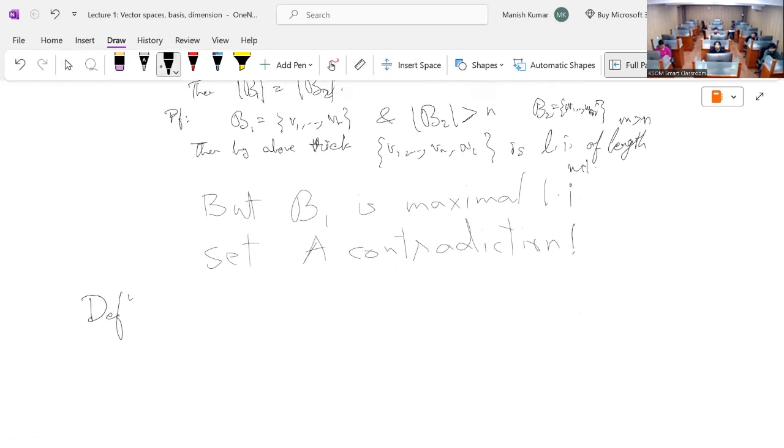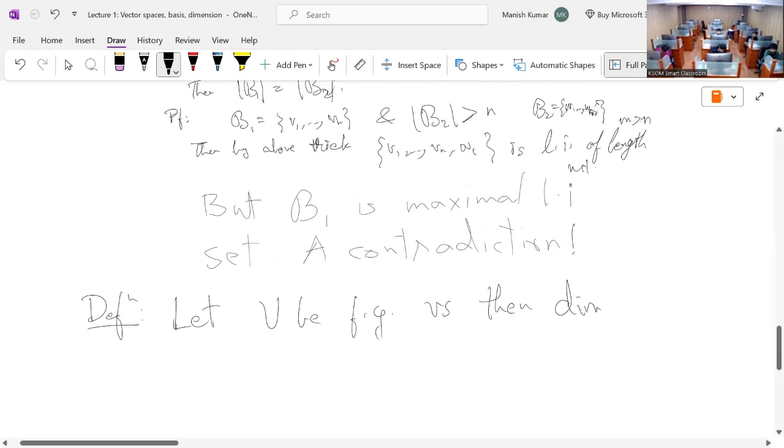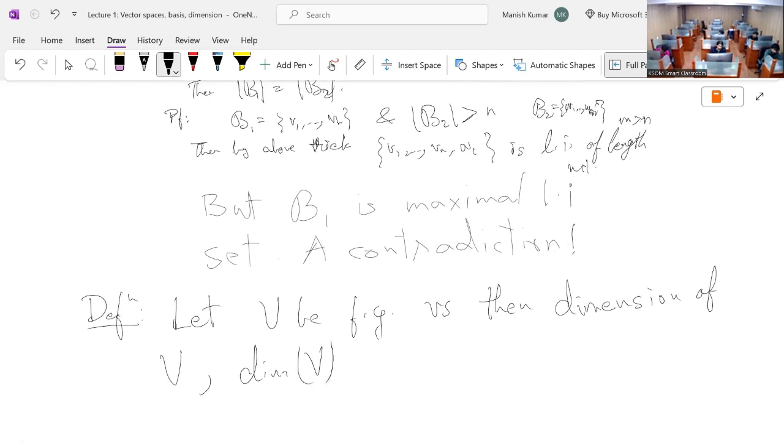So now the definition: let V be a finitely generated vector space. Then the dimension of V, which we denote by dim V, is the size, or the cardinality, of a basis.